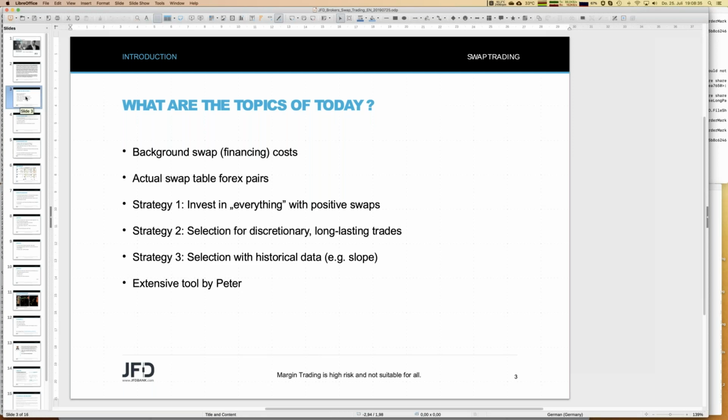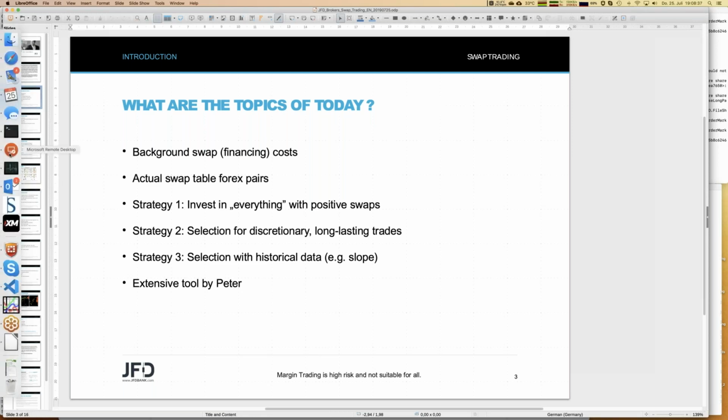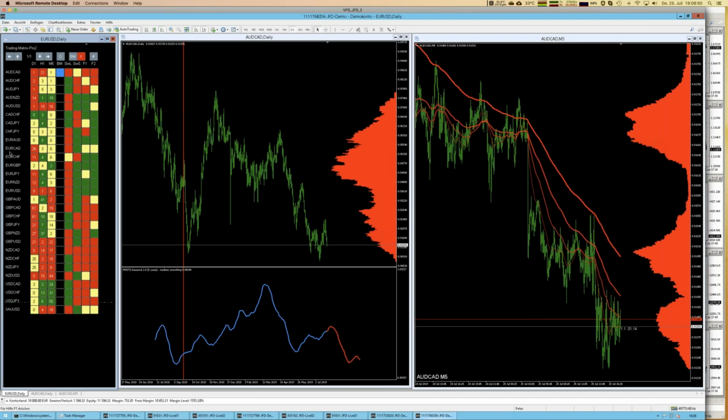And finally, I want to show you a tool which is capable to show you the swap values and much more. And if you have logged in already earlier, then you have seen that tool already. I just bring it here for a second. So we have price volume indicators. We can see forecasts.